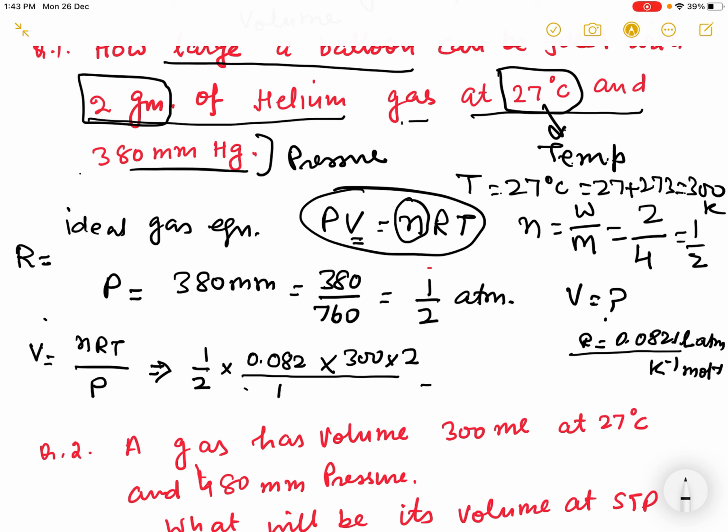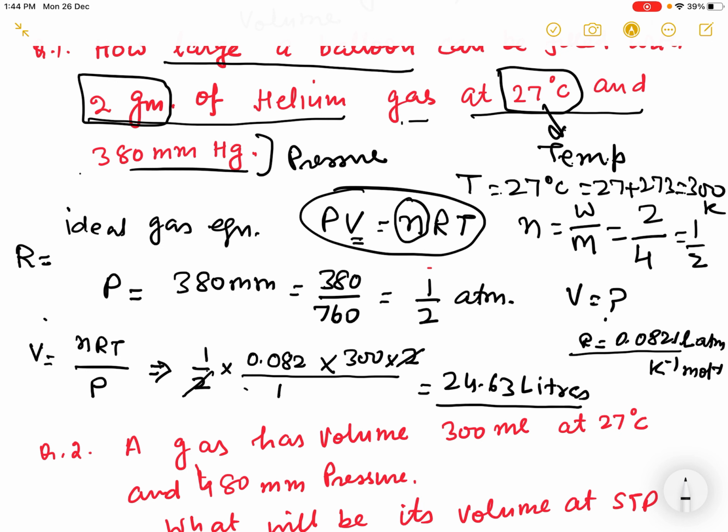If we calculate it, we get 2 cancels out 2 and it is 0.082 into 300 and that is 24.63 liters. So this is the answer.